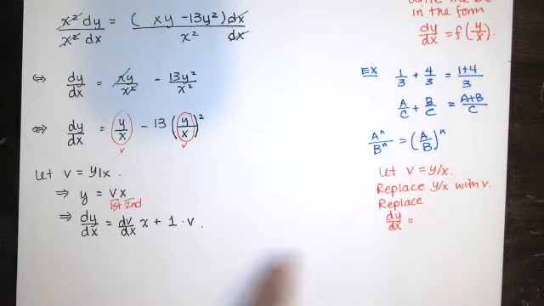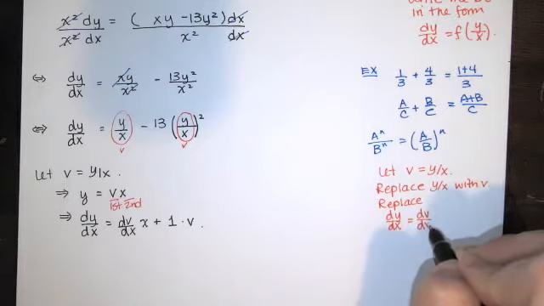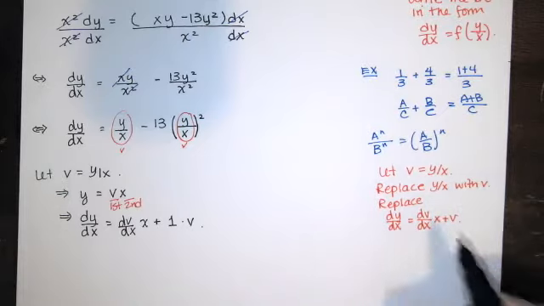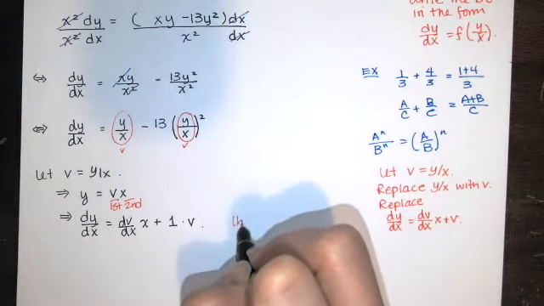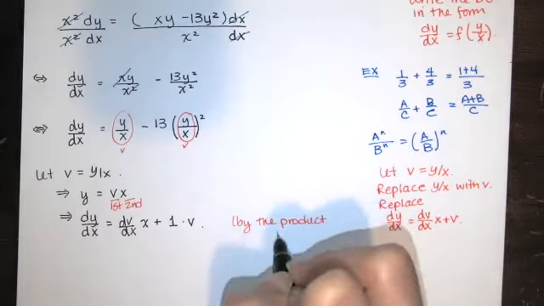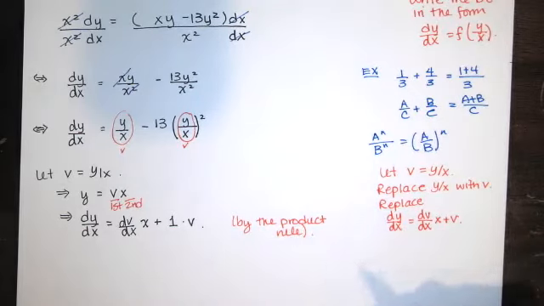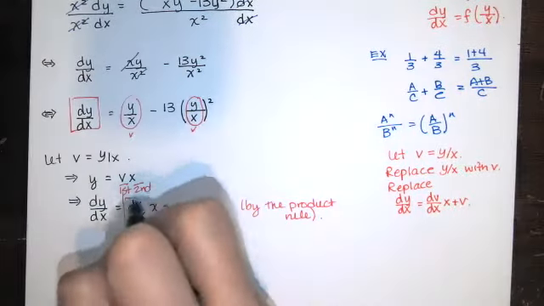So we're going to replace dy dx with dv dx times x plus v, and that again is due to the product rule. So we're replacing this with this.